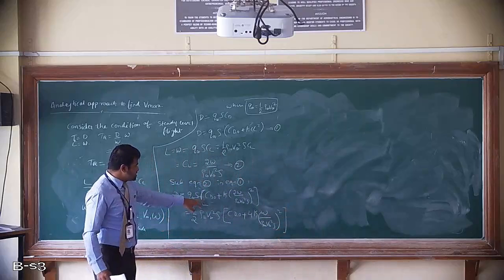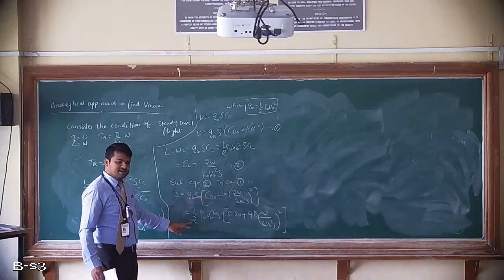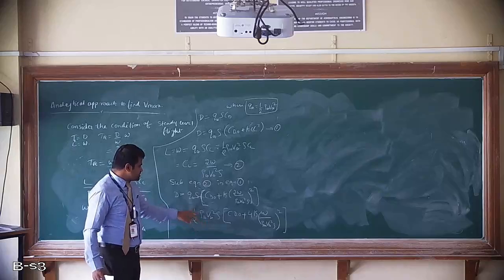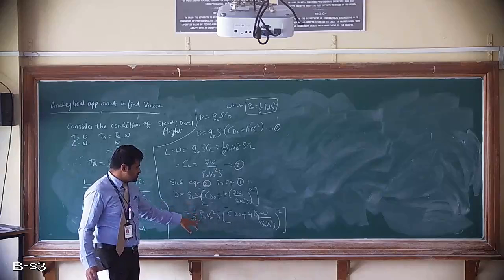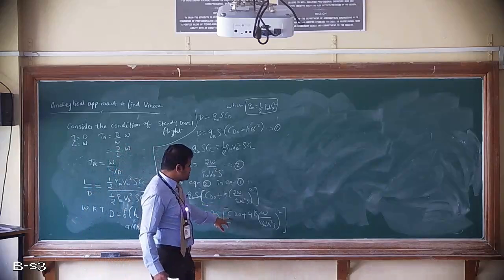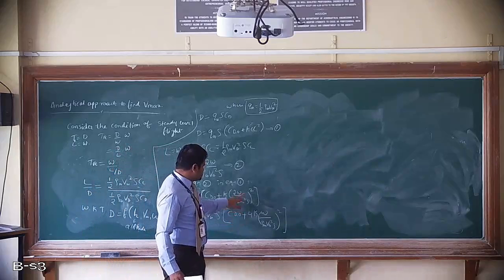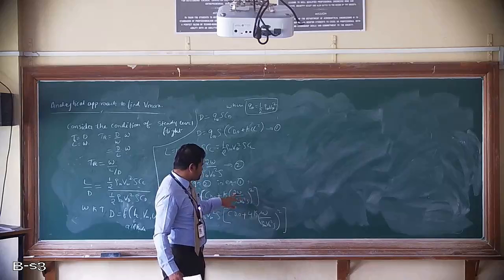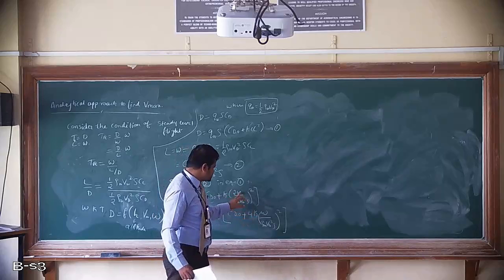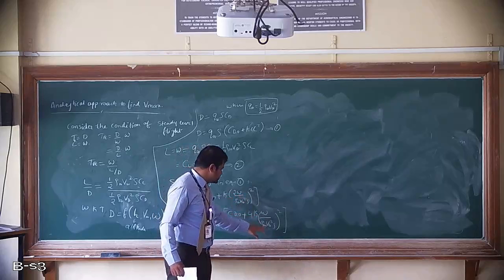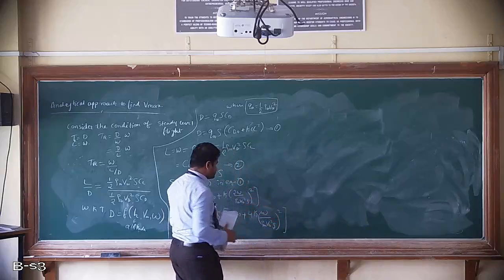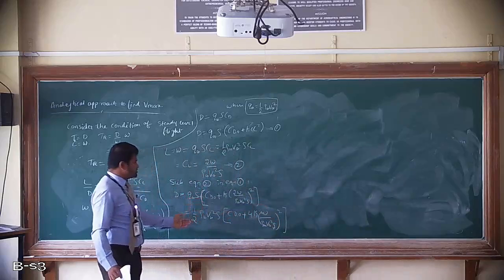If I rewrite this equation, it will be like this. Half rho infinity V infinity square S, Q infinity is substituted as half rho infinity V infinity square, S is there as it is, CD naught, then the 4 I have taken out, 2 square will be 4, K as it is, W as it is, and divided by rho infinity V infinity square multiplied by S whole square. I have just done simplification.